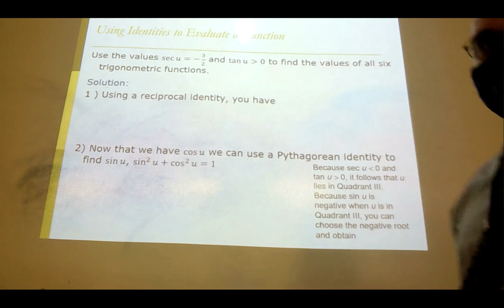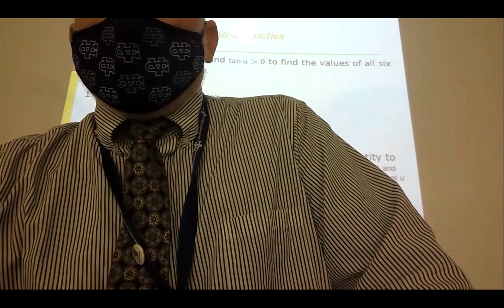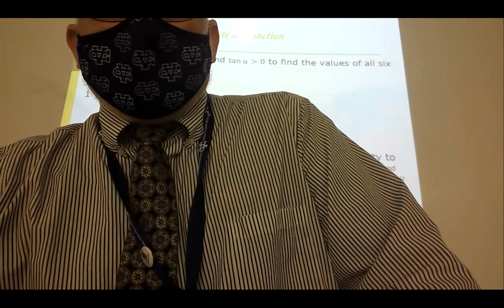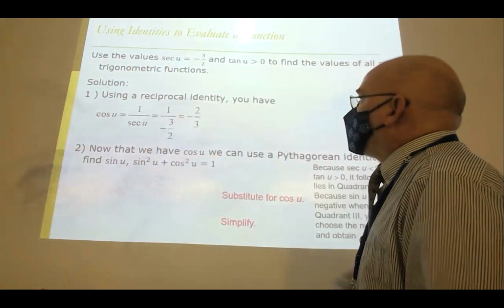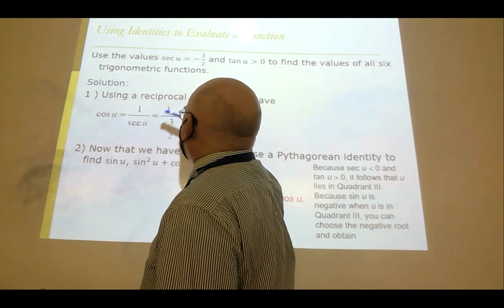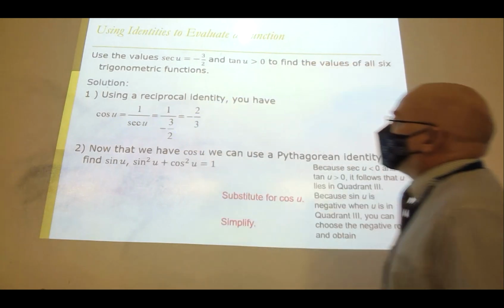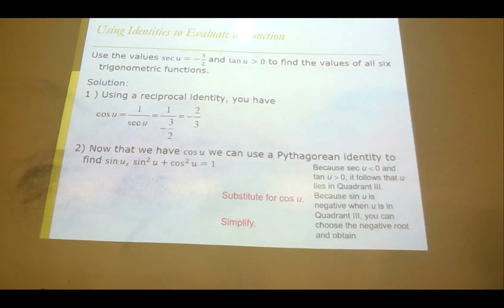So if I use my reciprocal identity, I know that secant is the reciprocal of cosine. So cosine is going to be 1 over -3/2, or -2/3, just flipping it over.